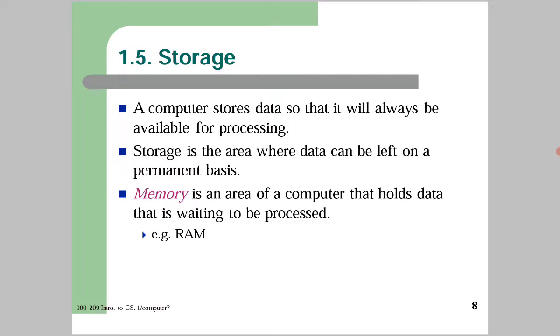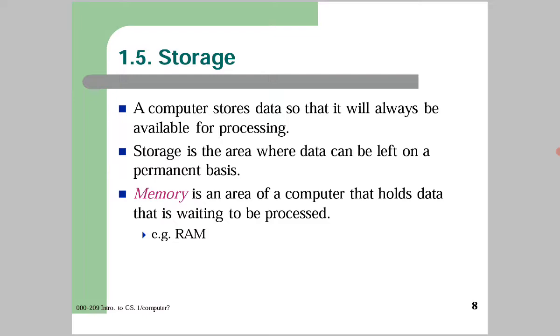All these things we'll discuss in later classes. A computer stores data so that it will always be available for the person. Before processing any data by using a processing unit or processor, first the data or information or the program should be stored in the memory or storage, the internal memory or main memory.